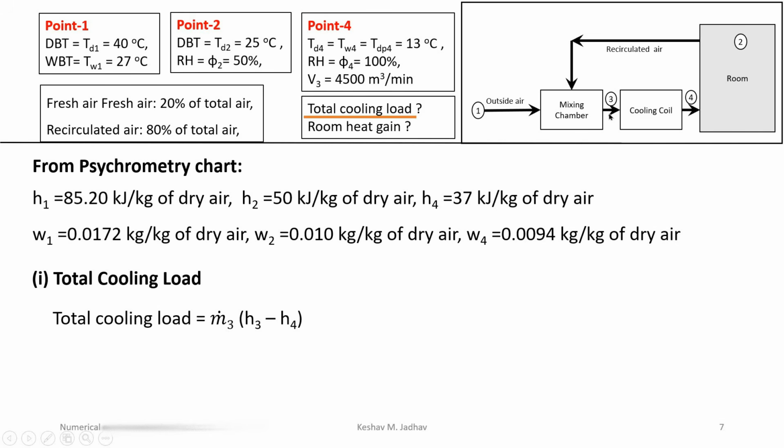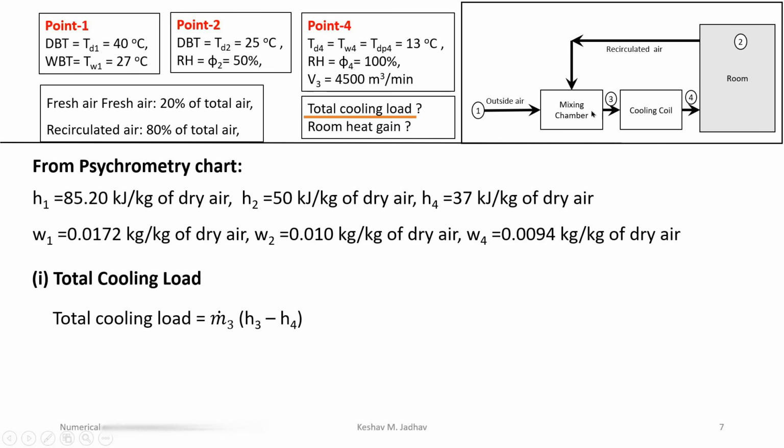So mass flow rate is m3 into change in enthalpy, h3 minus h4. This is the formula to calculate total cooling load. Now enthalpy h4 is known to us, but enthalpy at point 3 is not known. Also m3 is not known. Mass flow rate of air is not known, but we know the volume flow rate of the air in meter cube per minute. So we have to calculate H3.